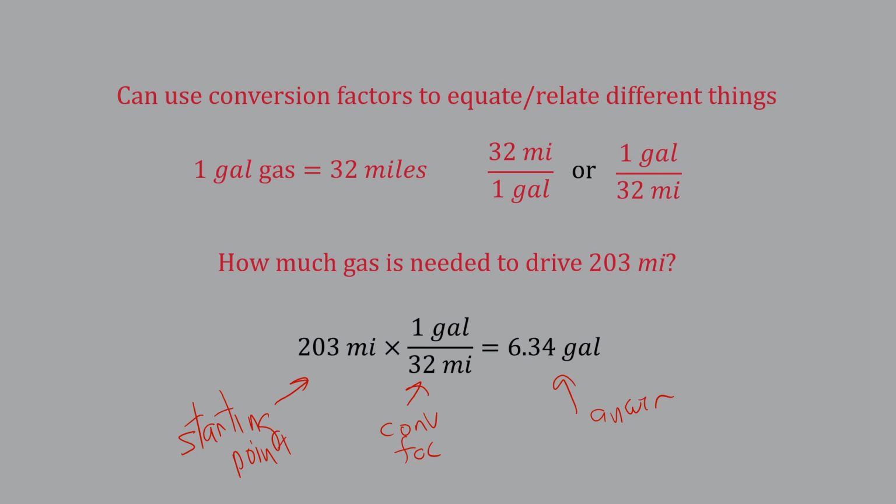Let's do the dimensional analysis. Miles cancel. That gives us gallons. We're hoping for a volume of gas as the answer, so that's a really good chance that that's the right answer. With that particular car, you would need 6.34 gallons of gas. Actually, to sig figs, it would be 6.3. So 6.3 gallons of gas to get from Los Lunas to Las Cruces.